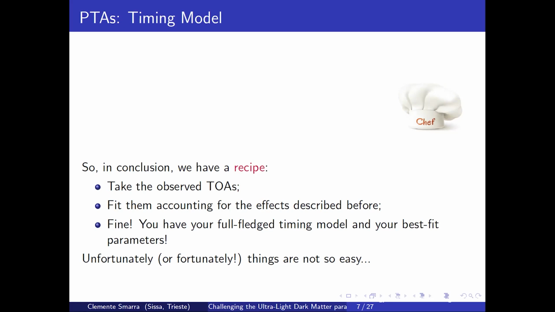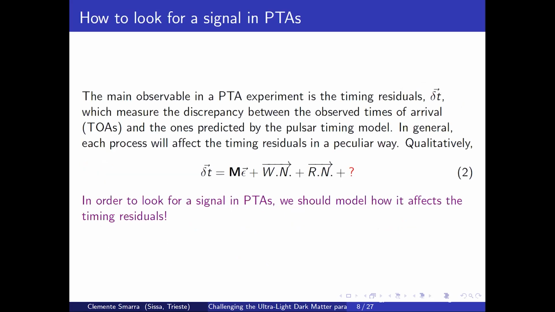Unfortunately, or fortunately, depending on the point of view, things are not so easy. Because in fact, in pulsar timing array experiments, the main observable is not the time of arrival of the pulse, but the timing residual, which is basically the discrepancy between the time of arrival of a pulse and the one you would predict according to the timing model.